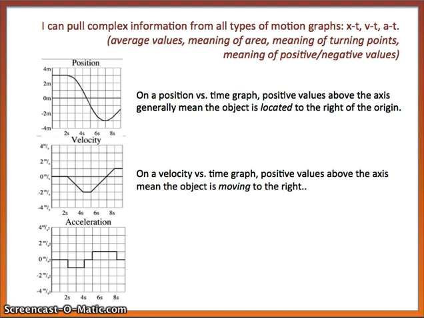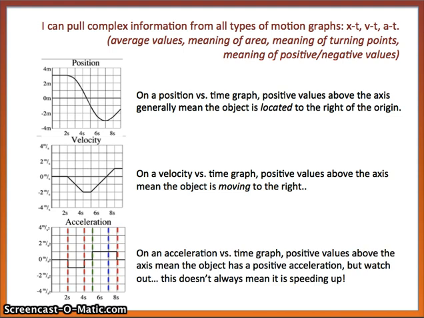But all the way up to there, it's moving to the left. And that's what this graph shows us as well. Negative velocities all the way through here. The object is moving to the left. And then at this point, where this graph starts to head back toward the positive direction, it's moving to the right, and here we have positive values of velocity. So that does correspond to each other.